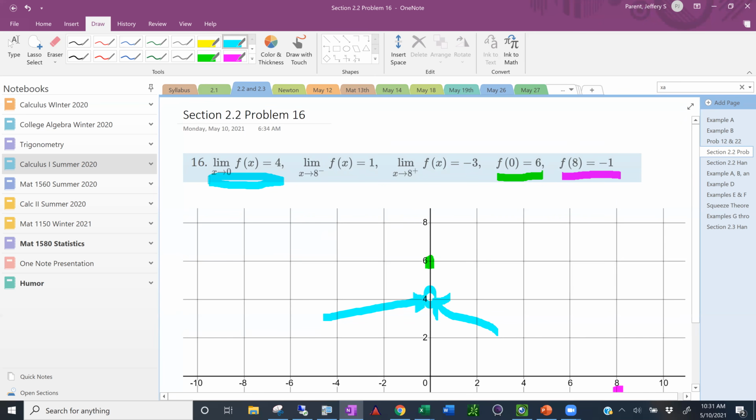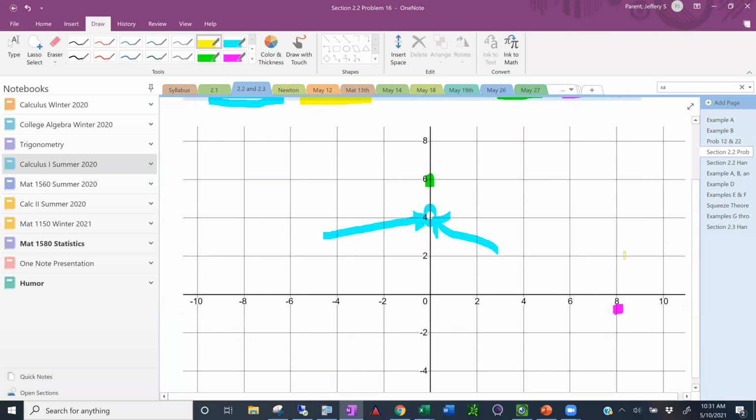Let's try the second part. So for the second part, the limit as x approaches 8 from the left of f of x is 1. So what that means is that as we're approaching 8 from one of these sides, we're getting close to 1. Now, I wish I could do a hollow dot a little bit better, but I didn't. That's okay.